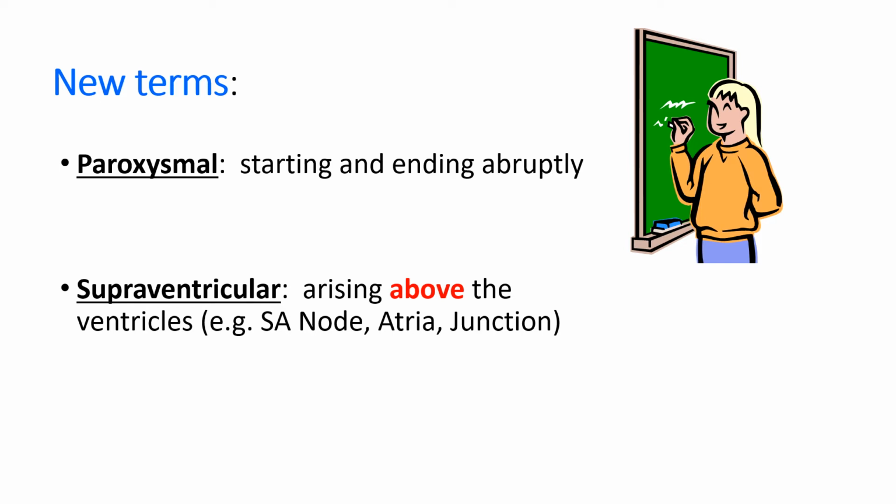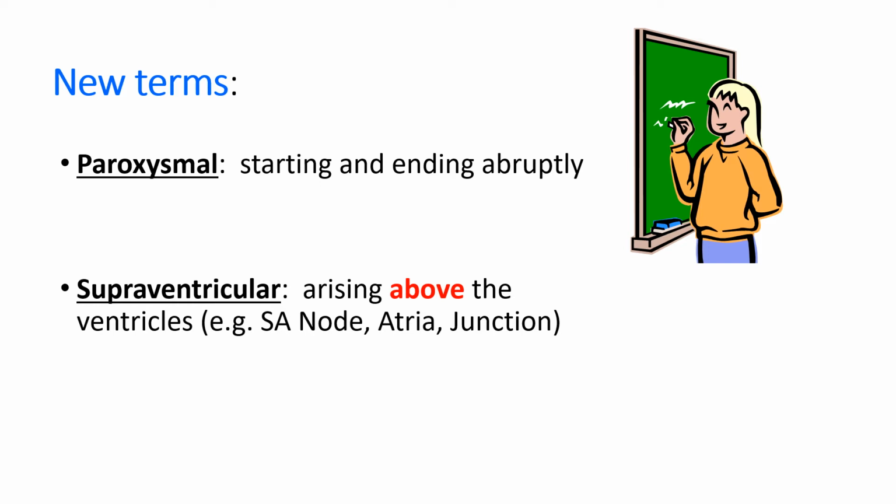With paroxysmal, you have a starting and an ending abruptly. What you would see on a rhythm strip is the start of a tachycardia, and then you can also see where it ends. If you have a strip that is completely supraventricular tachycardia, you can't define it as paroxysmal because you can't see where it started and stopped.